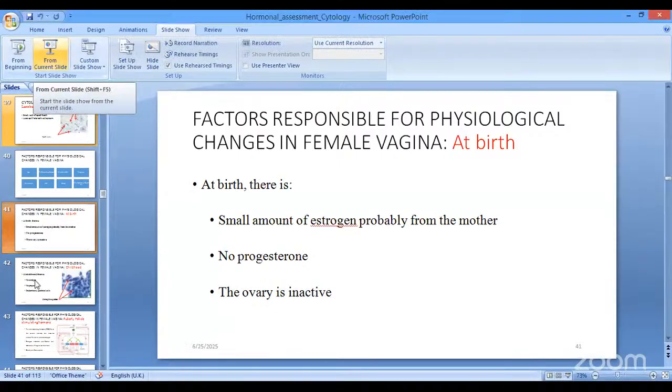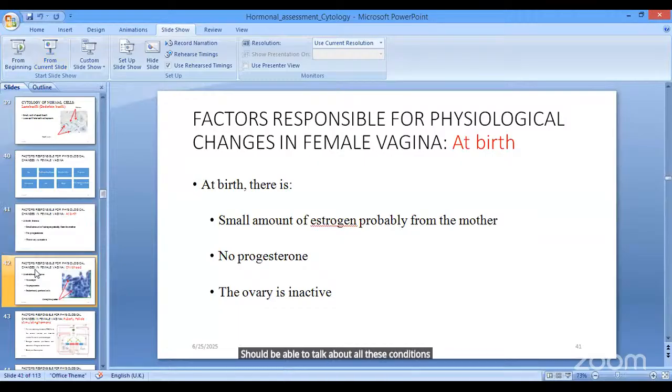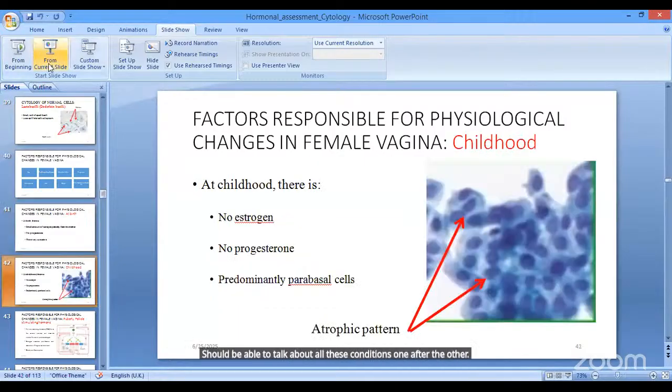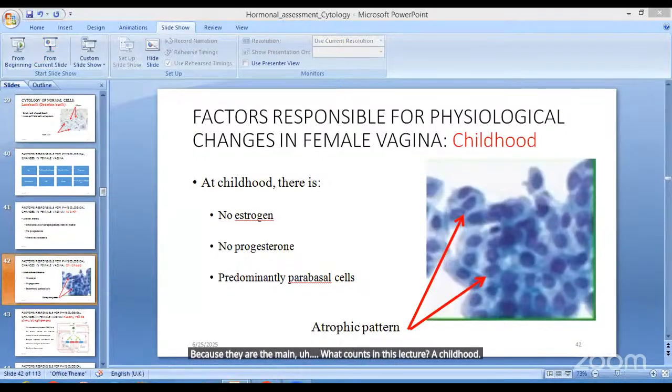You should be able to talk about all these conditions one after the other, because they are the main thing that counts in this lecture. At childhood, as the child grows, there's no estrogen production, no progesterone production, and the cells to be seen are just the immature, primitive cells, the parabasal cells.